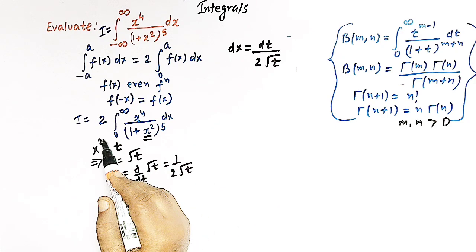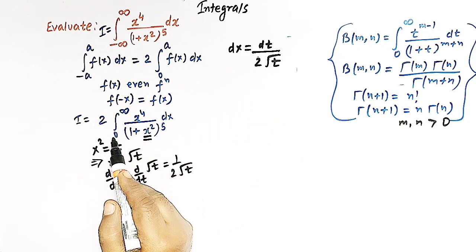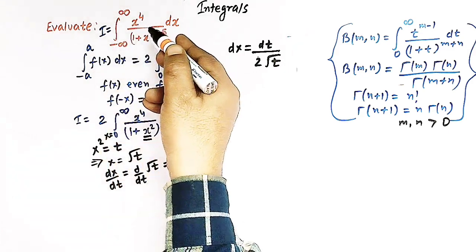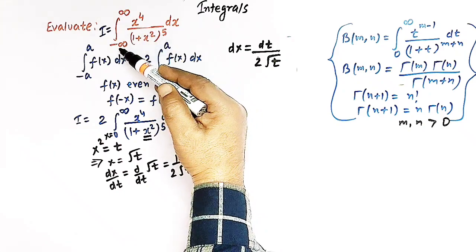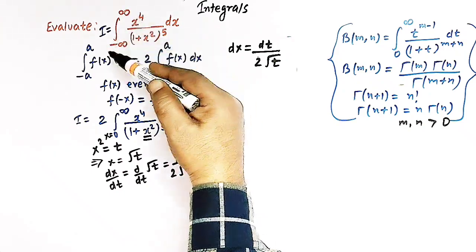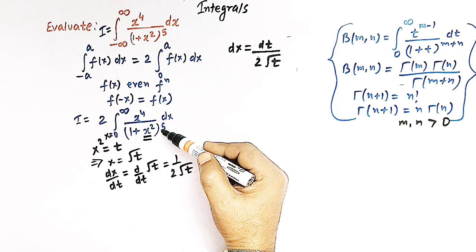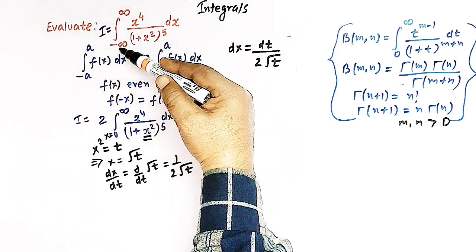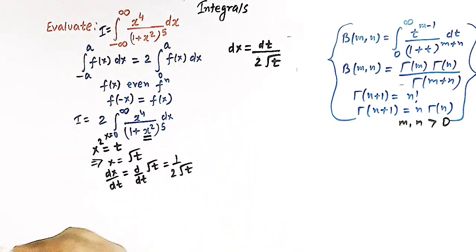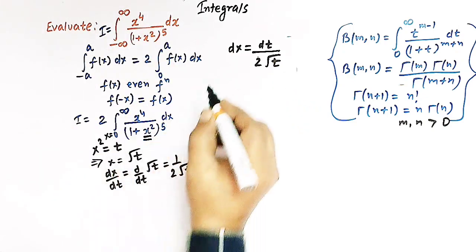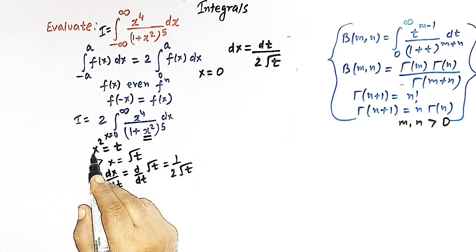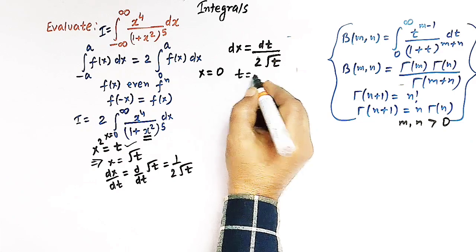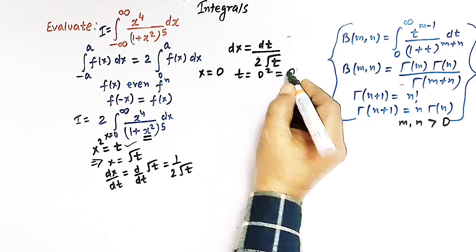Now let us change the limits of integration. In the original integral we have minus infinity to infinity, and we have changed this integral to this form by using this property. When x is equal to 0, t is equal to 0 square, that is 0.